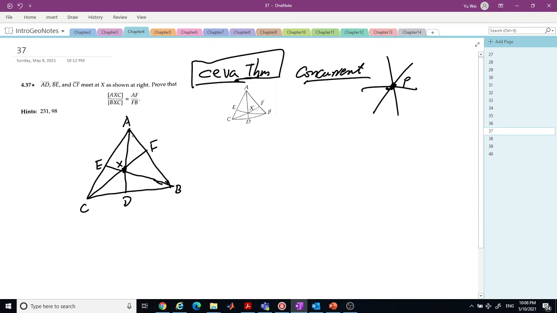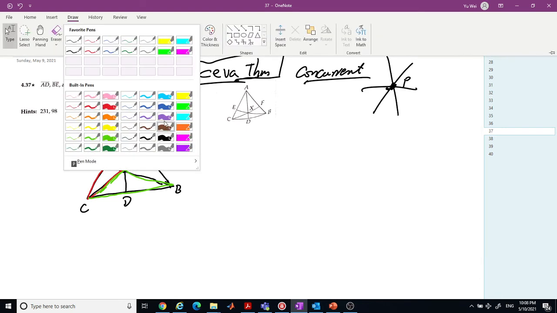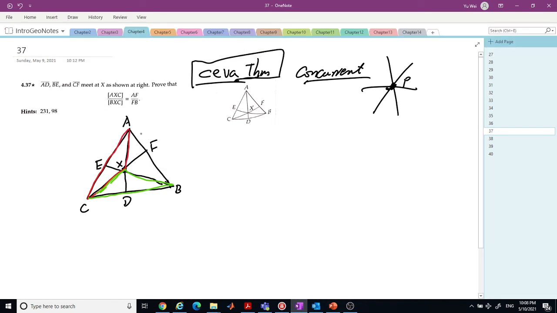We want to prove the areas AXC and BXC are equal to the ratio AF and BF, right?